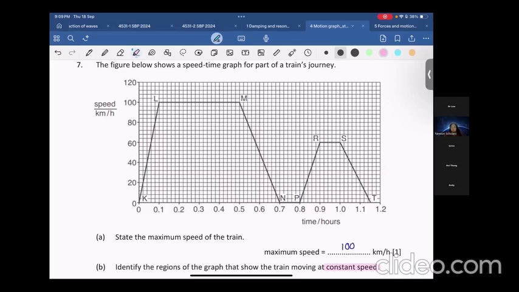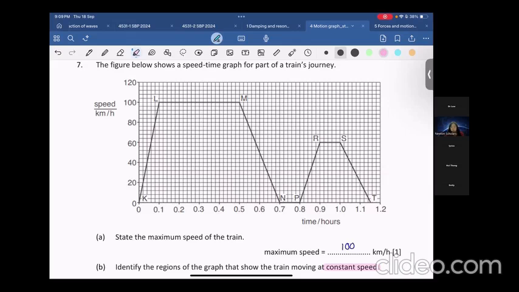Correct, Emily, but there is another one more answer. Not only the one answer, it is two answers.